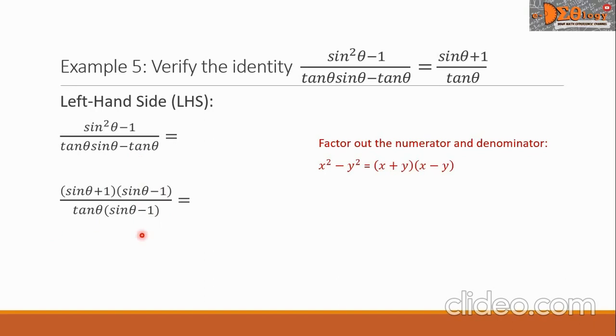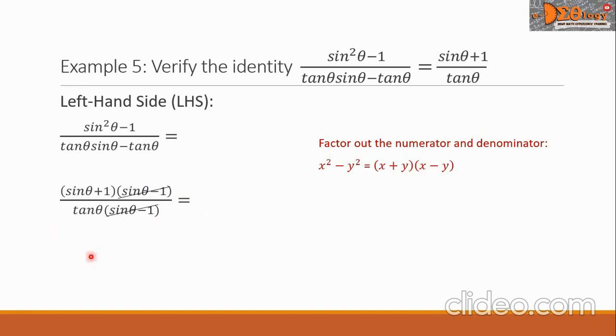And at this point, we can see that there is a common factor in the numerator and in the denominator, and that is the sine theta minus 1. So we can cancel this factor in the numerator and in the denominator. Then we will go to the next line just to collect the remaining terms.